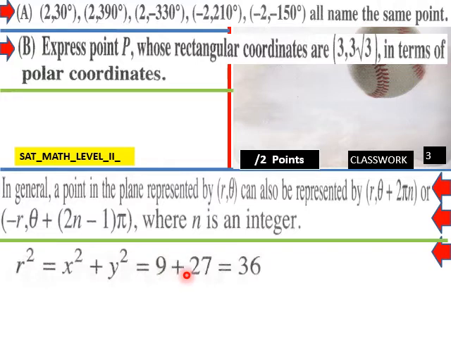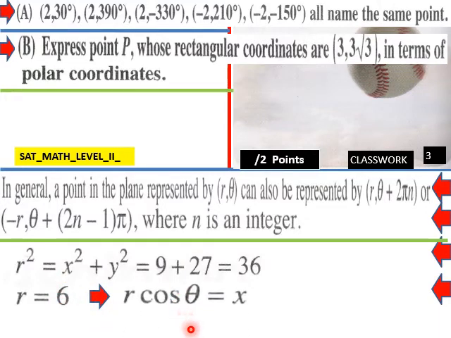So x squared plus y squared equals r squared, 9 plus 27 equals 36, and then r would equal 6 in this situation. You find r by using this formula, plugging in your x and y, and you come up with 6.